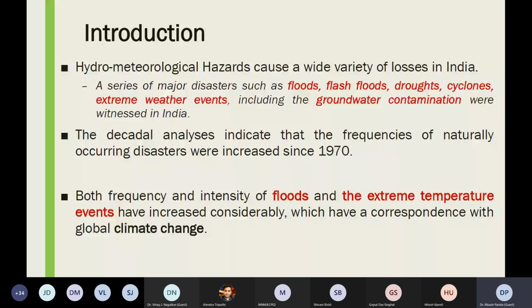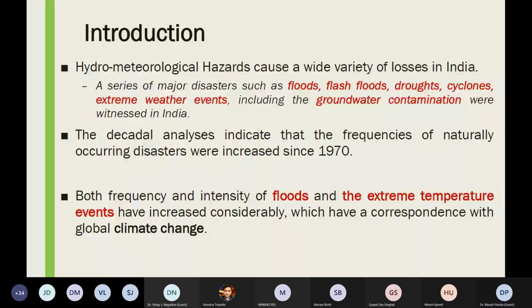That is because of climate change; there is a strong connection with climate change. Therefore the flooding intensities and frequencies, and also extreme temperatures, have been increasing due to global climate change, which is intensifying all these problems.